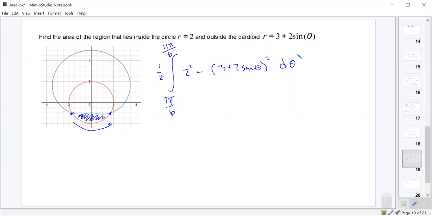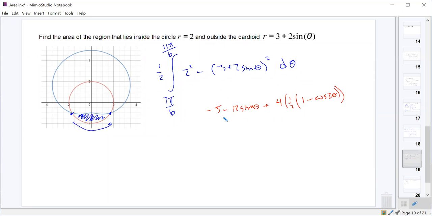And we'll try and just kind of fly through this one pretty quick. This is going to be a 4 minus a 9, which is going to give us a negative 5. I'm just going to write all the simplification down here real quick. So it's going to be a negative 5 minus a 12 sine theta plus the 4 sine squared theta. And 4 sine squared theta is 4 times 1/2 of 1 minus cosine 2 theta.